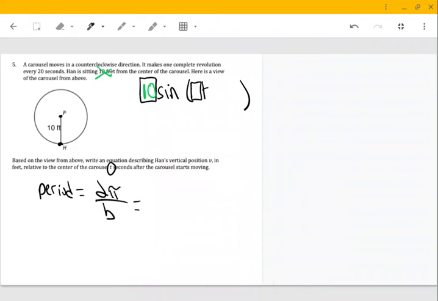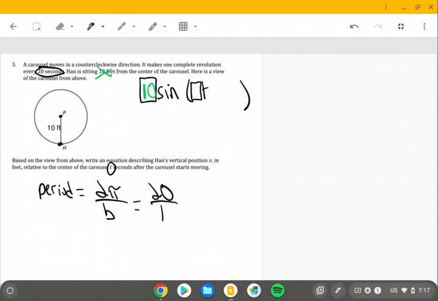Now, we are told that it makes one complete revolution every 20 seconds. So that means that the period is 20. So I'm going to set 2 pi over b equal to 20. And by doing that, I can figure out the b value, and thus the number that goes in front of the t here.